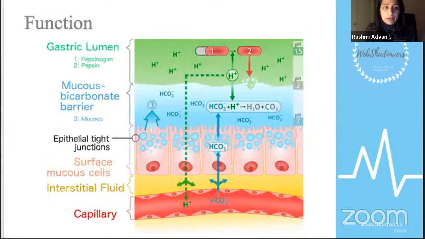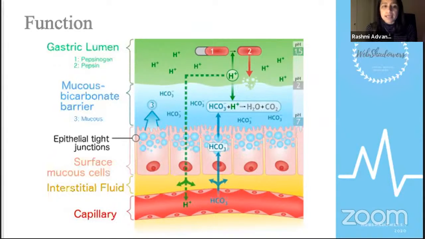Further, a little bit more about function, and I promise it's the last pre-slide before the case. As I mentioned, there is a mucus barrier in the stomach, and that mucus barrier acts in two ways.